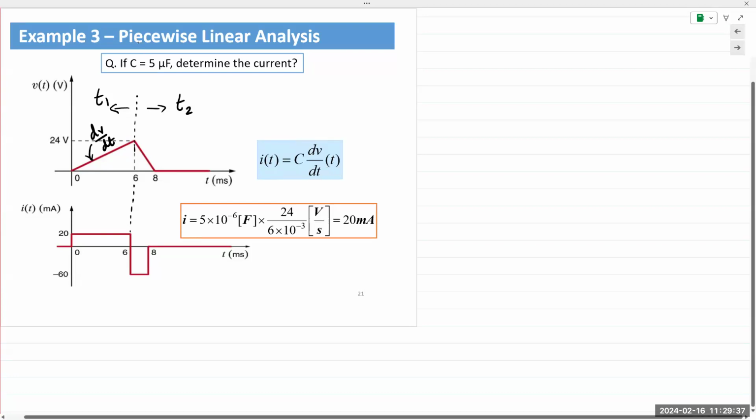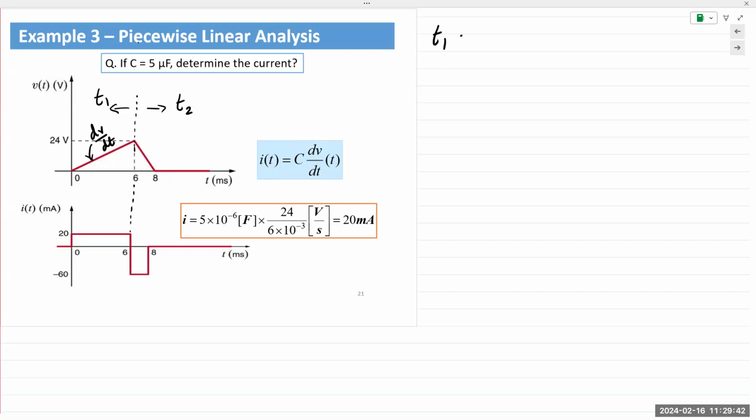So just as a refresher, let me describe: time period T1 refers to the t value between 0 and 6 milliseconds. Attention to detail. Extract as much information as you can from the given problem.